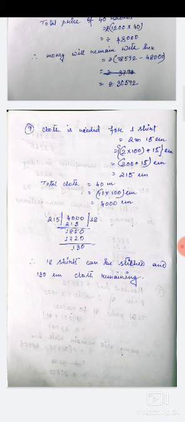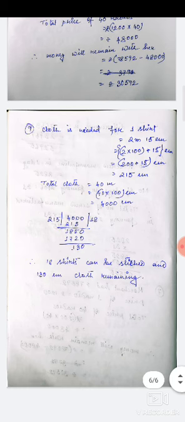Clearly one thing you notice: the cloth needed is 2 meter 15 centimeter and the total cloth is 40 meter. So in the case of cloth needed we have the units meter and centimeter, but for the total cloth, 40 meter, the unit is meter.